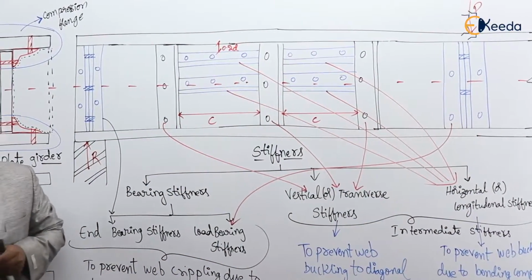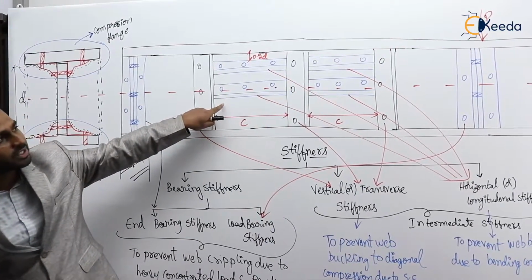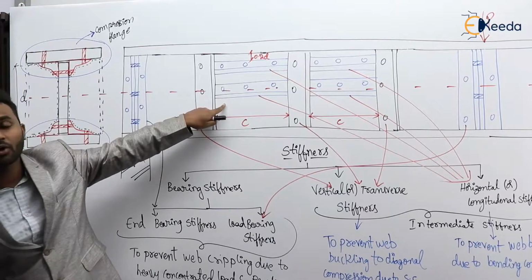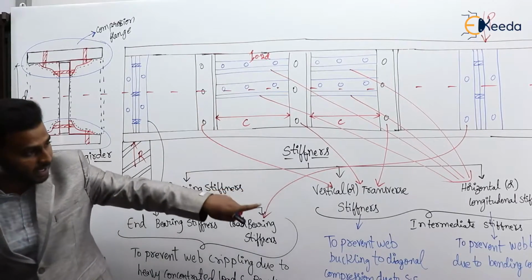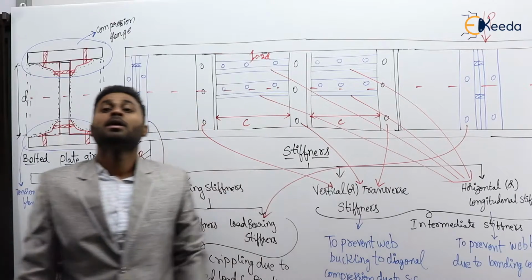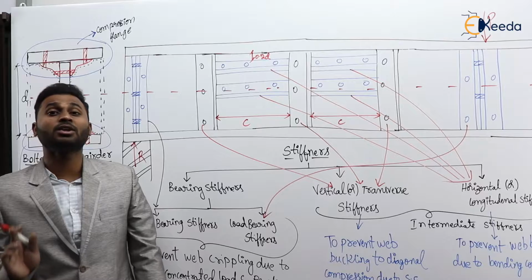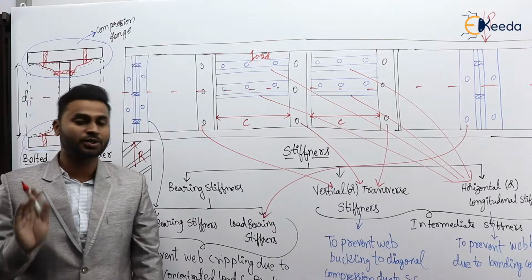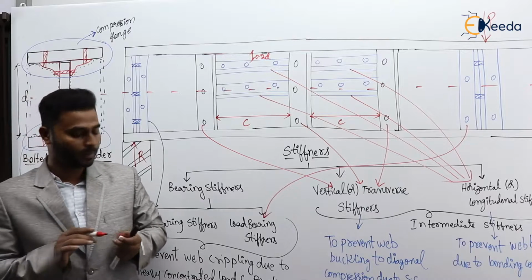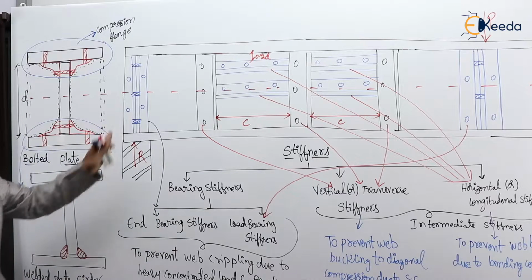It may be confusing, but you should know. All these are the stiffeners provided in the horizontal, longitudinal direction to prevent web buckling due to bending compression. And all these are vertical and transverse stiffeners, provided to prevent web buckling due to diagonal compression caused by shear force. And these are load bearing stiffeners. Agree? So take the diagram clearly. After that, I am going to show you the cross section of these stiffeners.